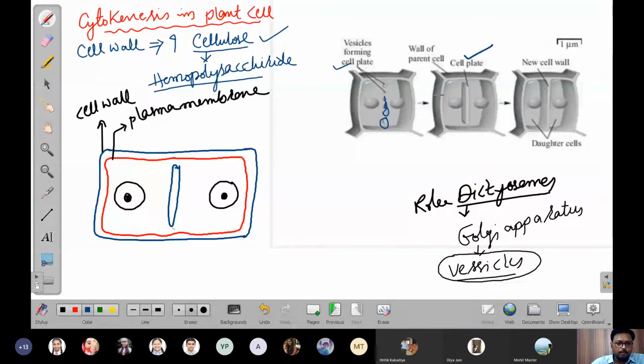Once the cell plate is completely formed, the cell plate is developed from center to periphery. That's why it is called centrifugal pattern, right? Now once it reaches the exact last position, a joint takes place between these cells.